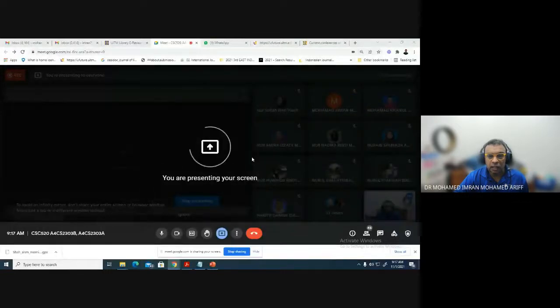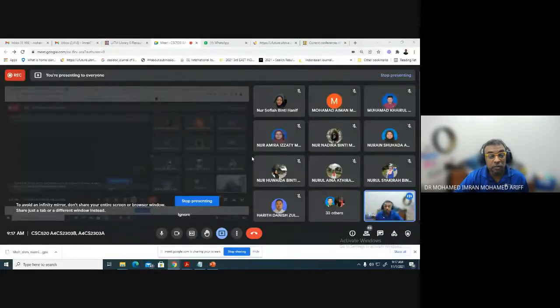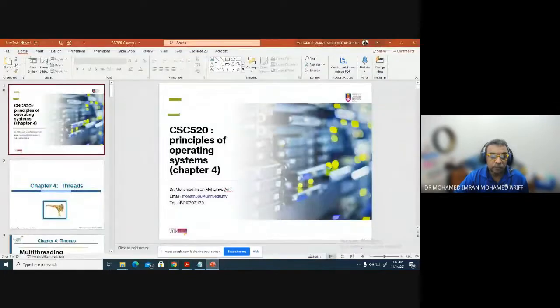So today in chapter 4, we will continue with a bit more detail about threads, and how they are used in the operating system, or how the operating system handles multiple threads. So this is chapter 4.